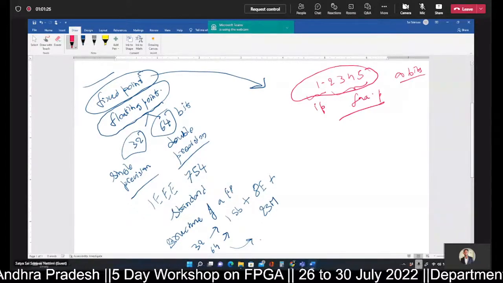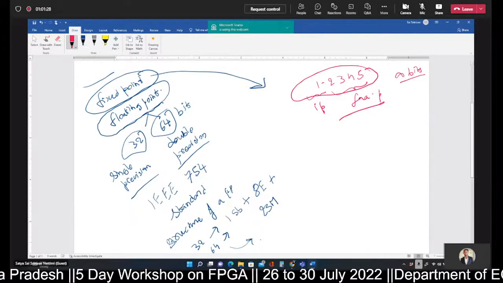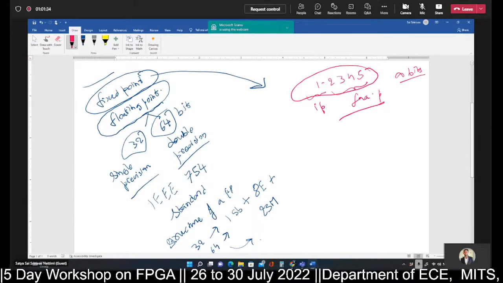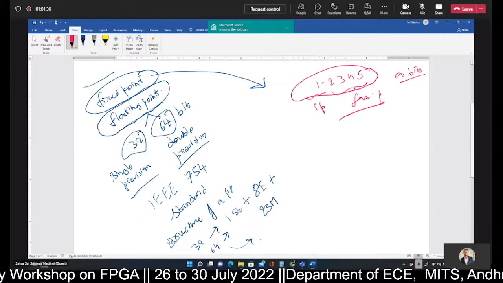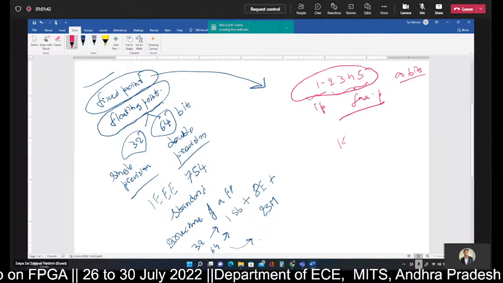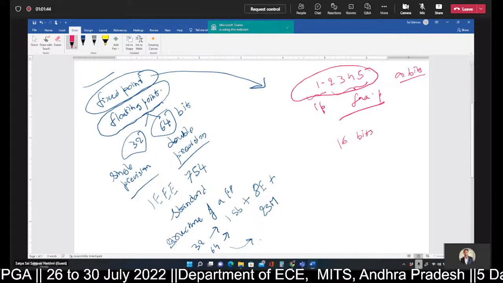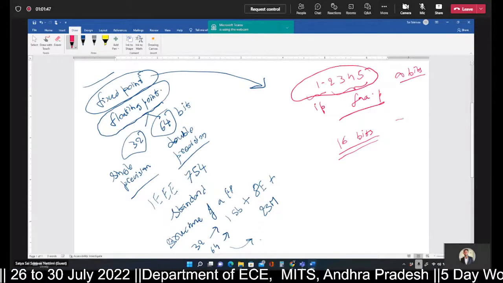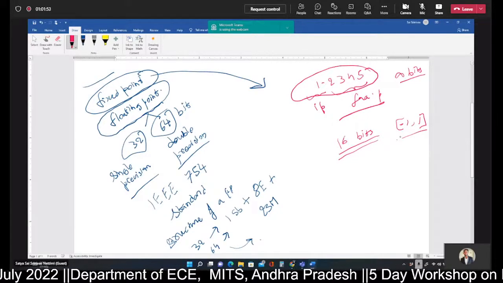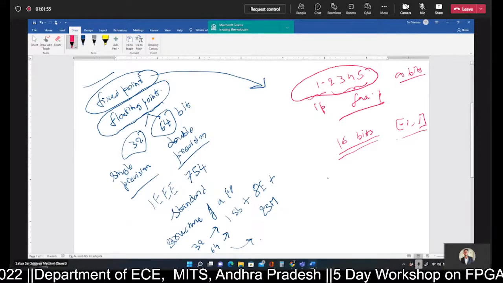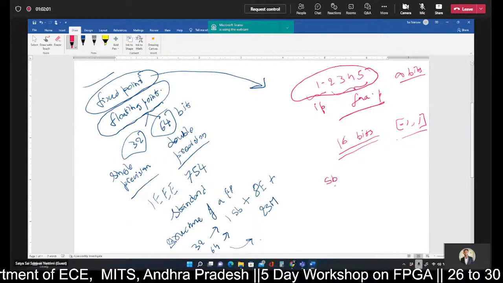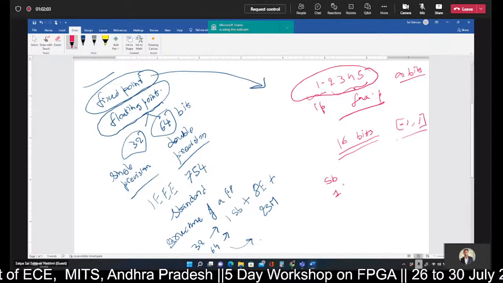In floating point we may represent it with 32 or 64 bits, but in fixed point the user can make a decision on how many bits to use. In our example, I am representing all samples with 16 bits and the data range is from -1 to +1. So data will be positive and negative. To identify whether a sample is positive or negative, I definitely require one sign bit. So one bit I reserved for the sign bit.